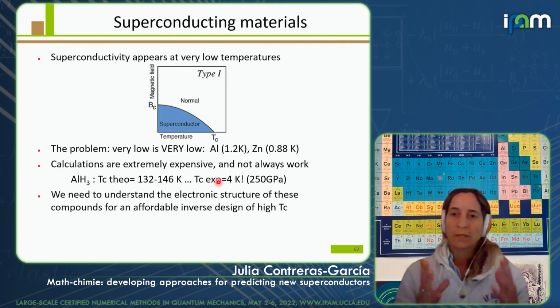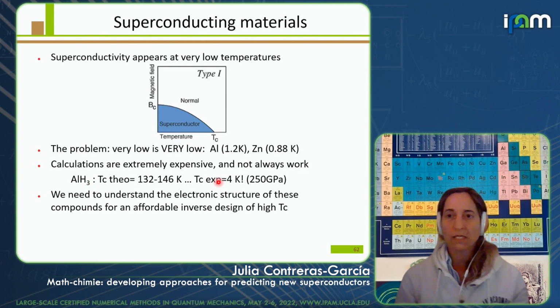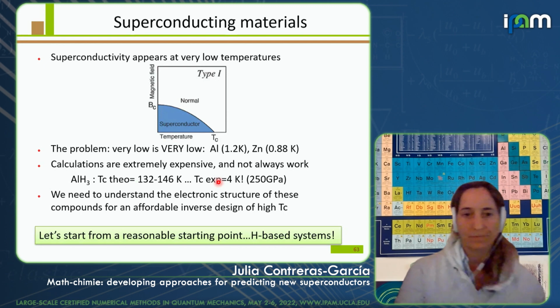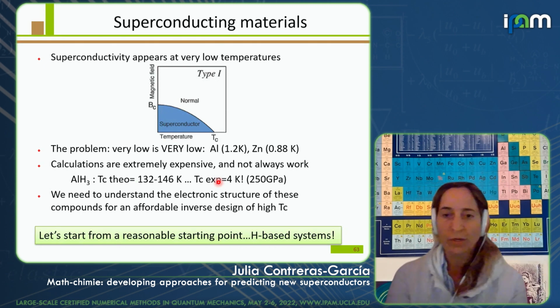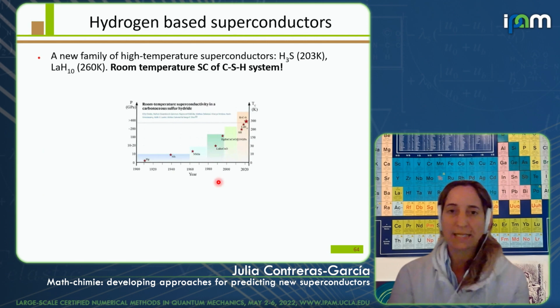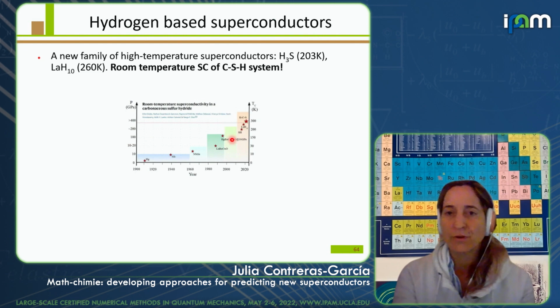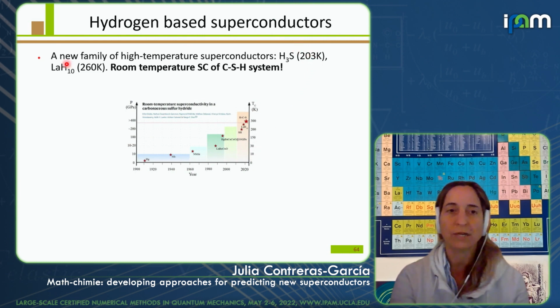And what we thought with our colleagues working in superconductivity is that we really needed to understand what was going on in the chemical bond of these compounds to propose some kind of model that would allow us to make affordable TC predictions. So we decided to start from hydrogen-based systems, because in the last years, new compounds based on hydrogen have been proposed that have pretty high TCs, around 200, 260.